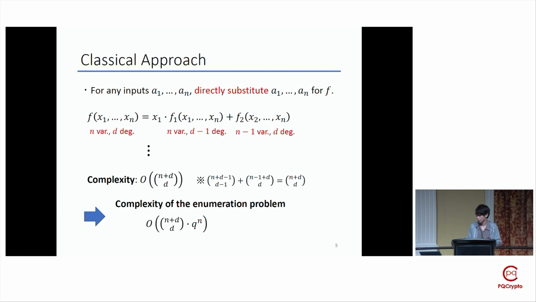Then this polynomial f can be decomposed into two polynomials, f1 and f2, where f1 has n variables and degree d minus 1, and f2 has n minus 1 variables and degree d. Iterating such a decomposition, we can perform the substitution with complexity order (n+d choose d). And so the time complexity of solving the enumeration problem for all the inputs is given as order (n+d choose d) times q^n.